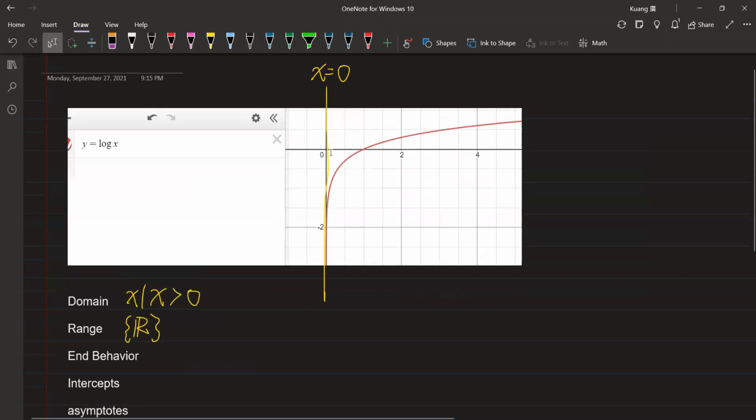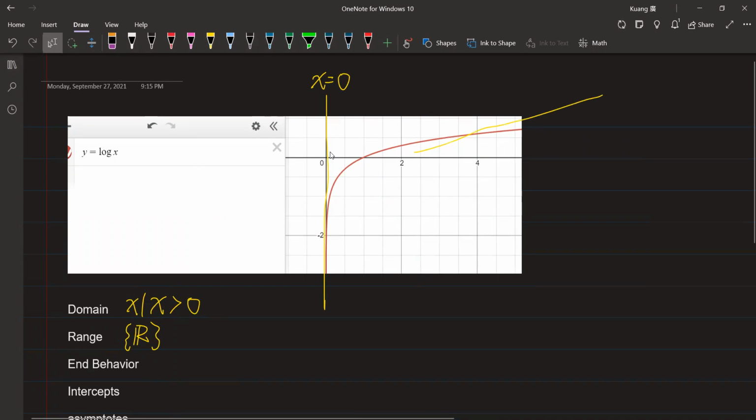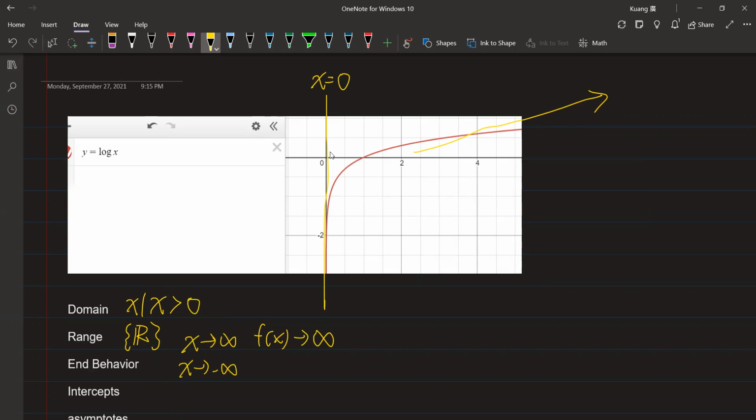For end behavior, this graph will keep going up. So when x approaches infinity, f of x approaches infinity. But I cannot write x approaching negative infinity because x can only be greater than 0. So I can only say x approaching 0.